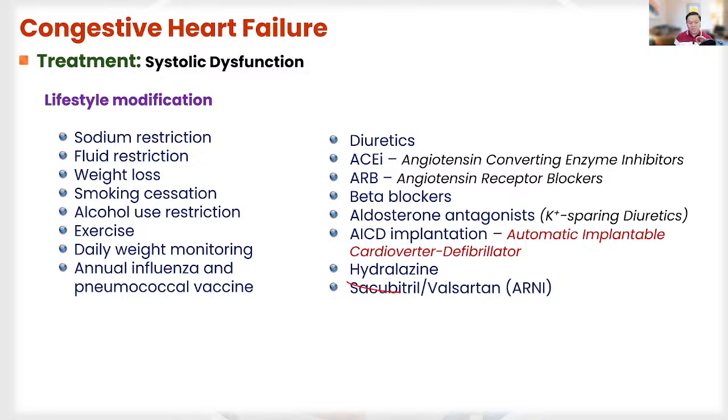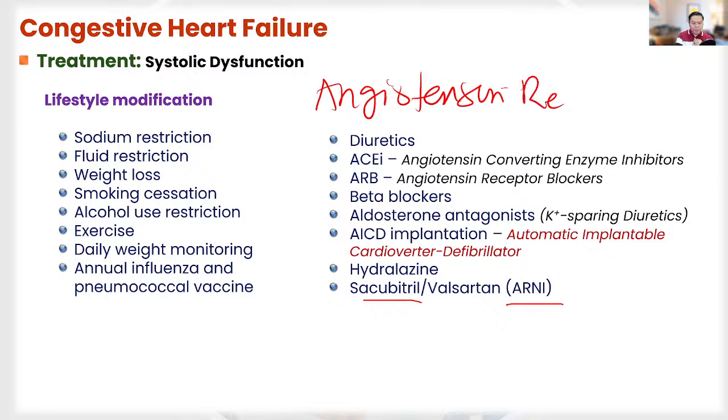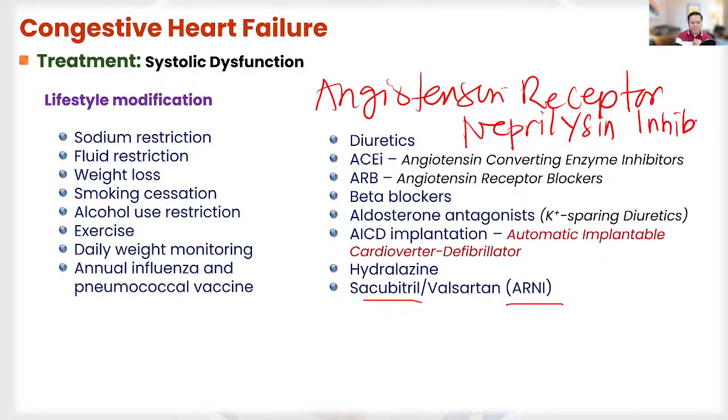Okay. So aside from the hydralazine use, there could be the prescription, which is quite a new medication right here. We have the sacubitril valsartan, which is the ARNI. This is a new classification. I don't know if you're familiar with this classification, but this is basically what we refer to as the angiotensin receptor neprilysin inhibitor. So basically it will do quite similar to the ACE inhibitor.